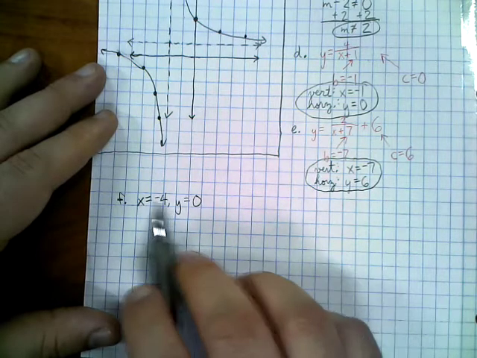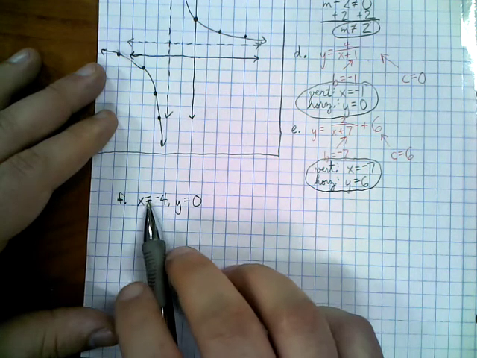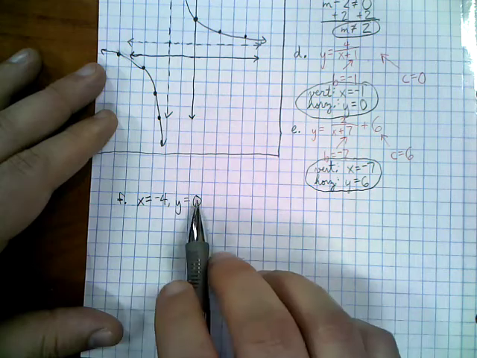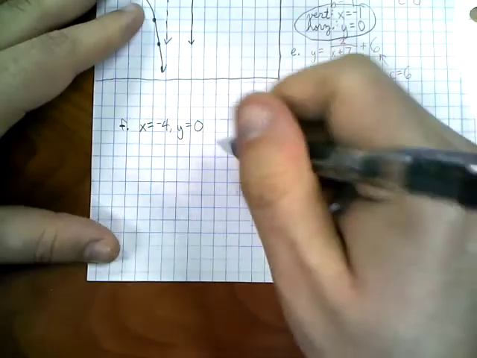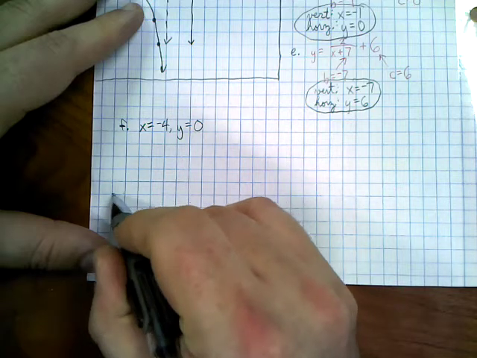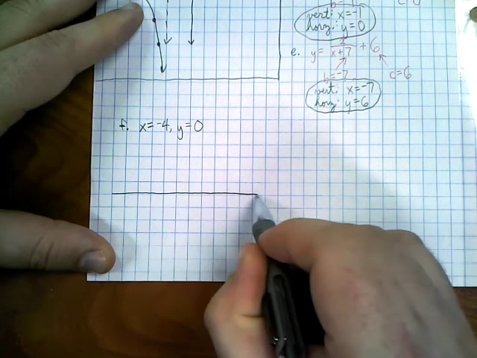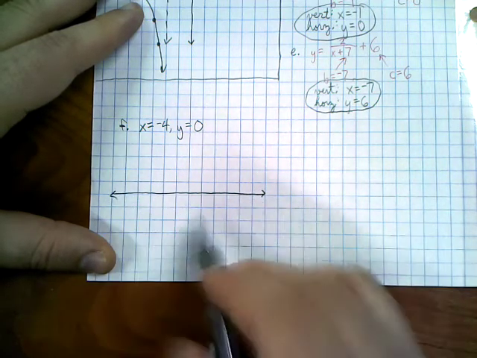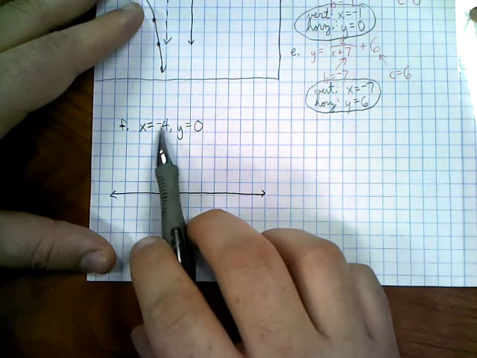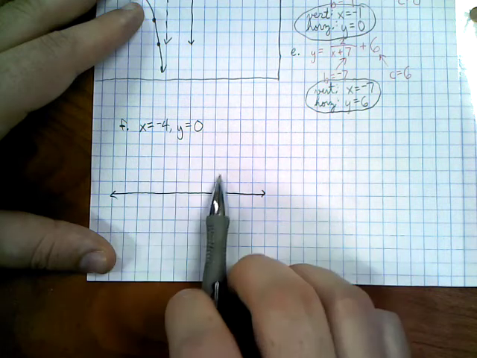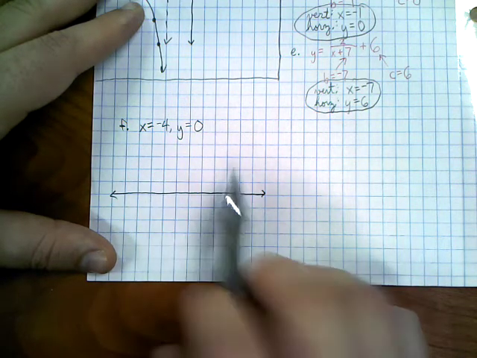So I'm going to plan ahead a little bit. With this centering around -4 and 0, when I draw my coordinate plane, I'm going to draw my x-axis to start with, because y equals 0 is the x-axis. But then a -4 means we're going to be more on the negative side than on the positive side.